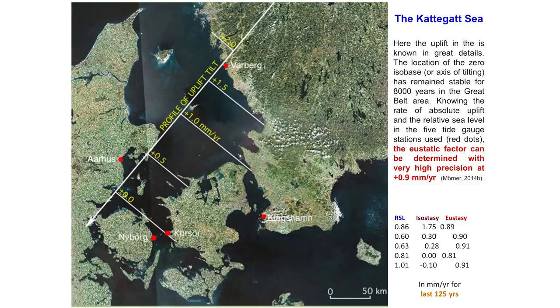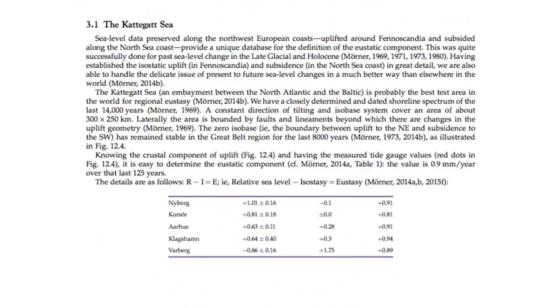First of all, the Kattegat area, where we know the uplift, and this area is 0. And then we have a lot of tide gauges, and we can check them, and you have the values on the other side. So it's about 0.9. You cannot escape it. It's a really very good value.